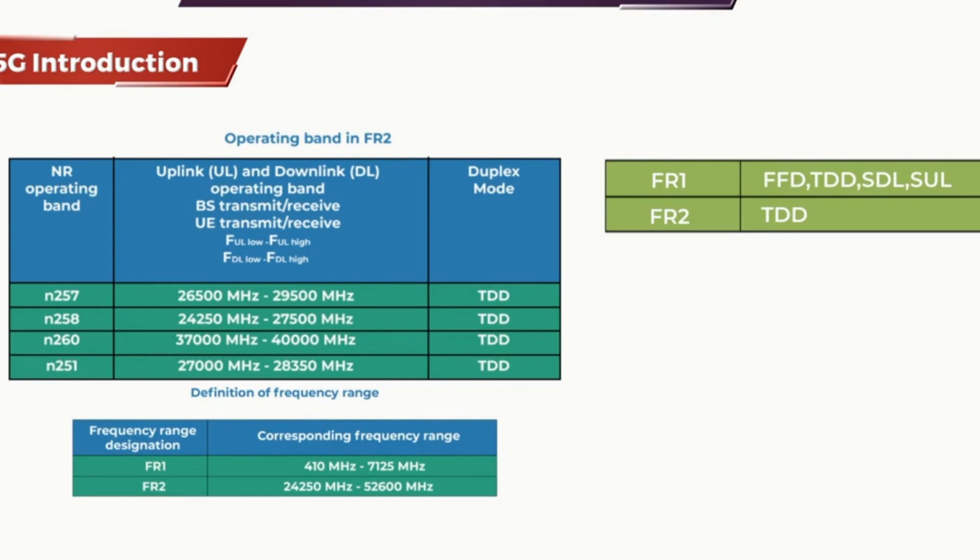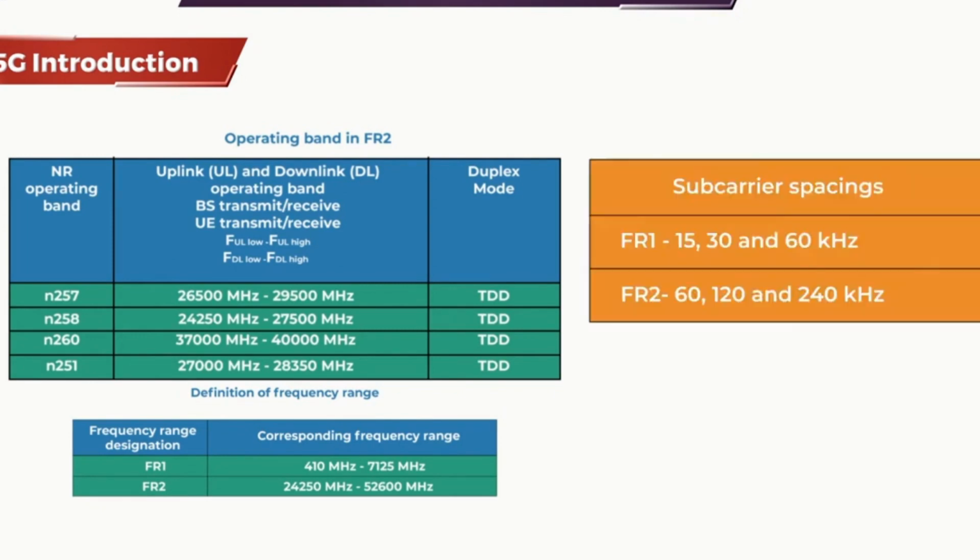3GPP has specified mechanisms to allow dynamic changes to the uplink and downlink transmission pattern used by TDD. Subcarrier spacings of 15, 30 and 60 kHz are supported within frequency range 1, while subcarrier spacings of 60, 120 and 240 kHz are supported within frequency range 2.